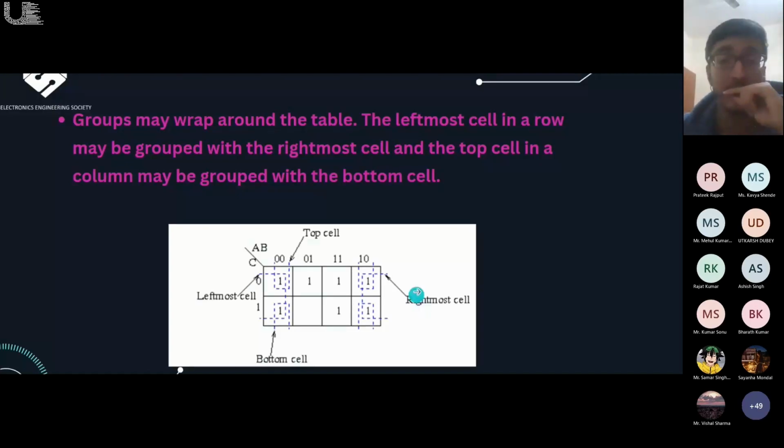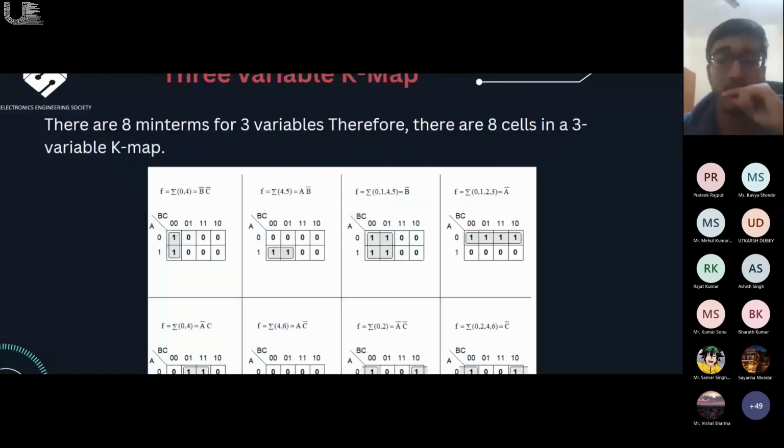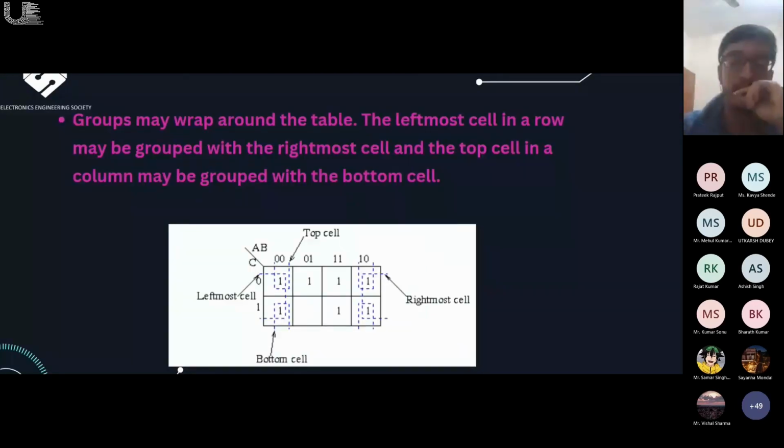Now coming to the important point, when is a group redundant? Now we can introduce the concept of redundancy. A group is redundant when, as in this case, you can form 2 groups, one horizontally and one vertically. That's wrong. You will be forming only one. Whenever all the members of a group are a part of more than one group, then that group is found redundant.